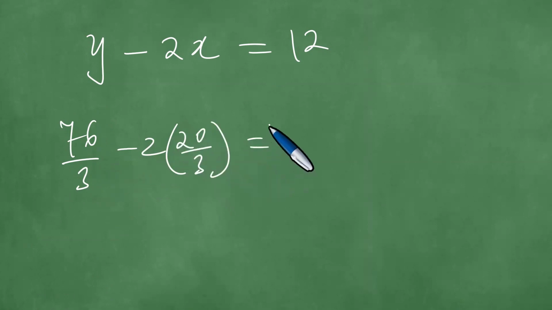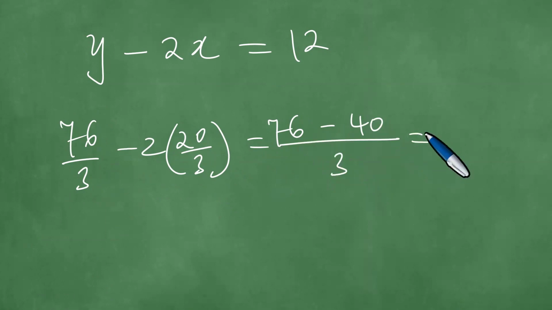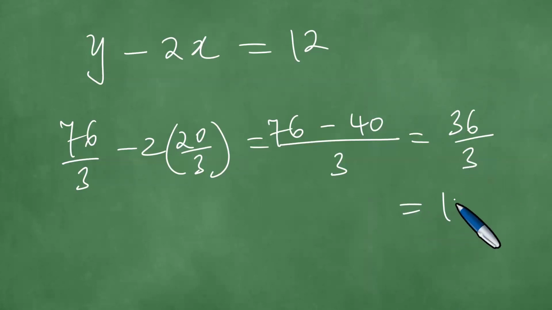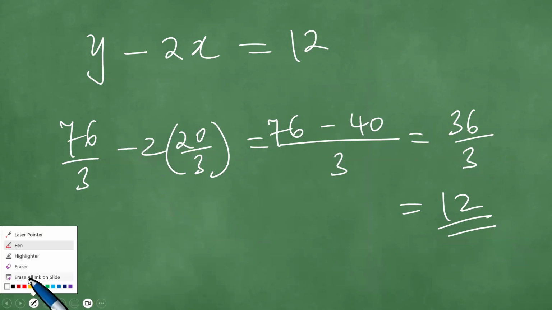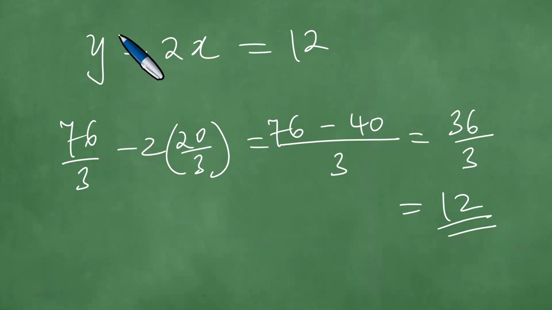So now we have 76 minus 40 out of 3, which is the same as 36 out of 3, which is exactly 12. It agrees with the fact that the larger number is 12 greater than twice the smaller number, and we have concluded this particular solution to the problem.